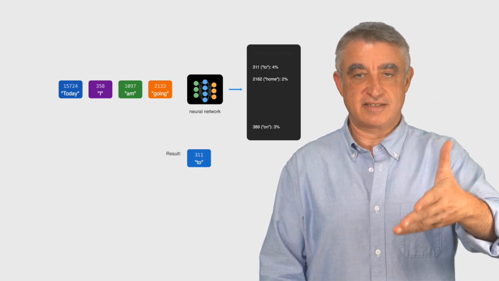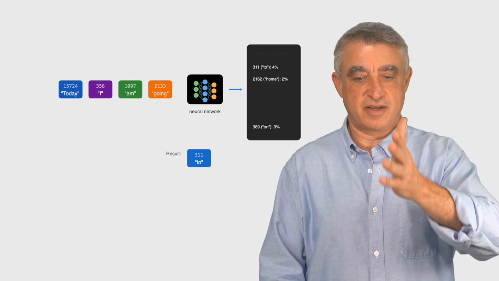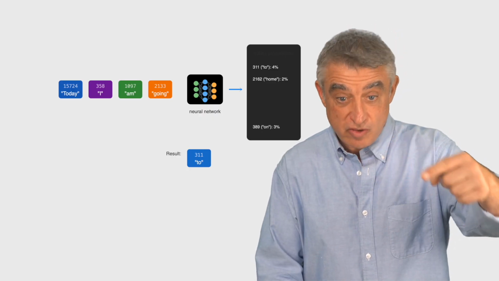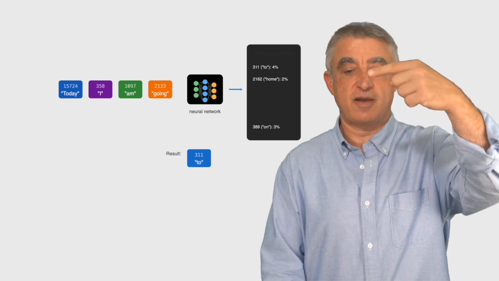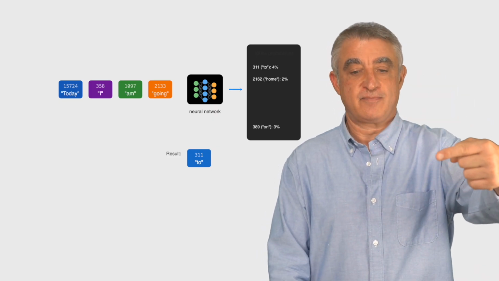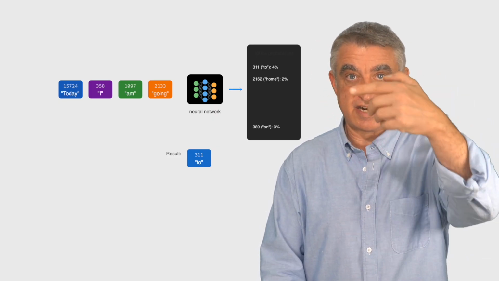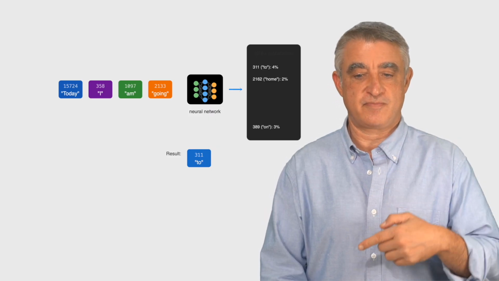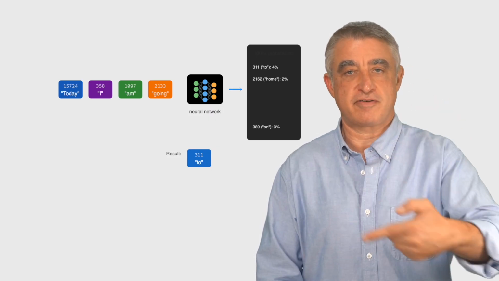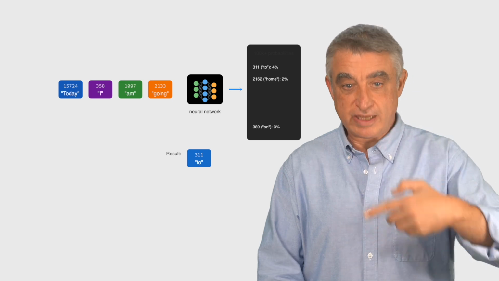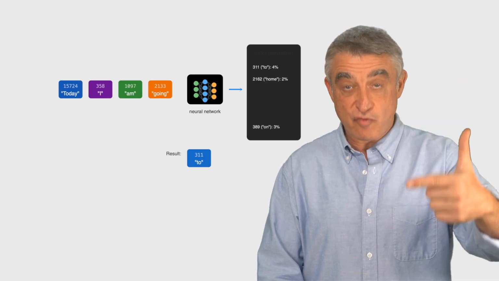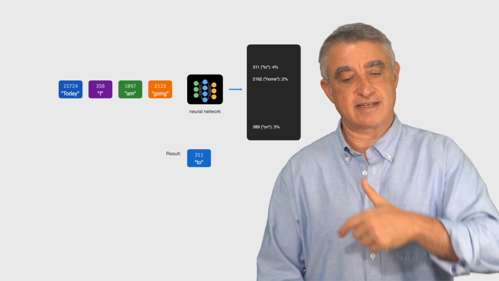And so in this case, it's chosen 2. Today I am going 2. And then that whole string of numbers is fed back in again, and that is used to generate the next token. So it's this iterative process of putting everything that's come before back in again to get the next token.